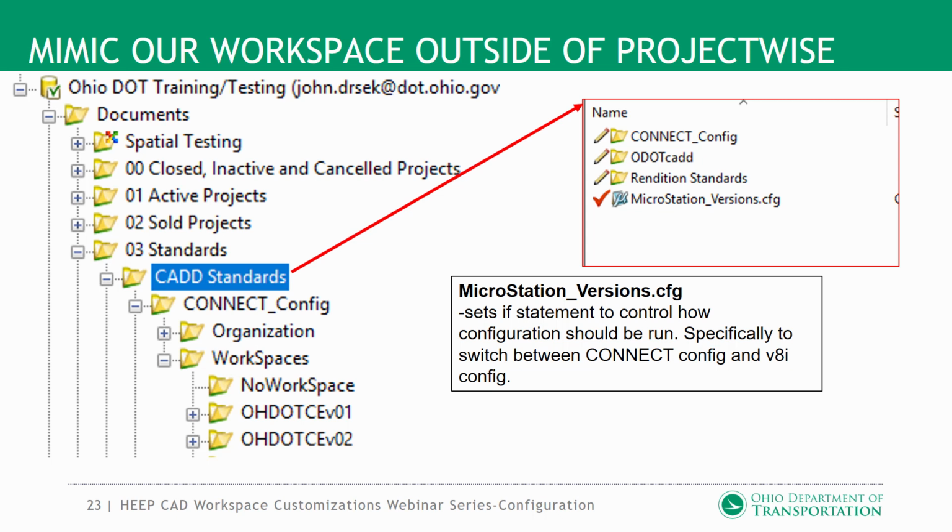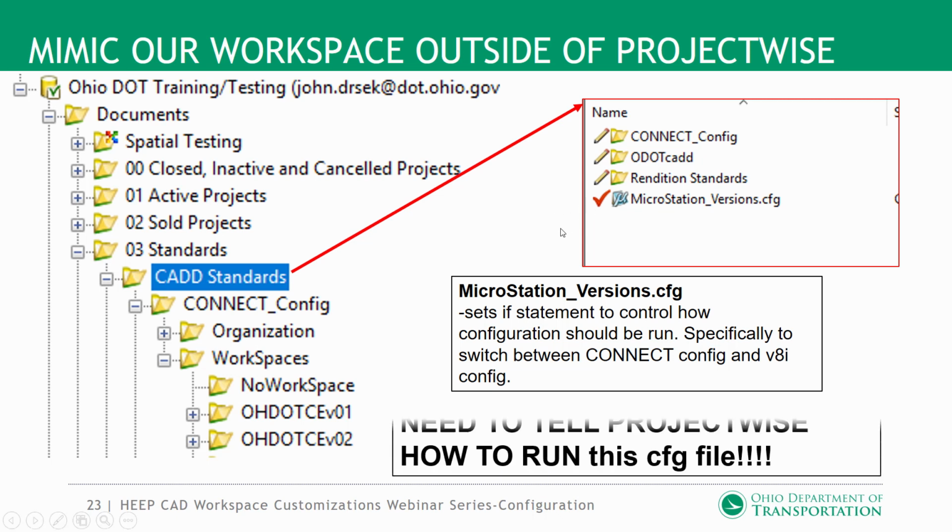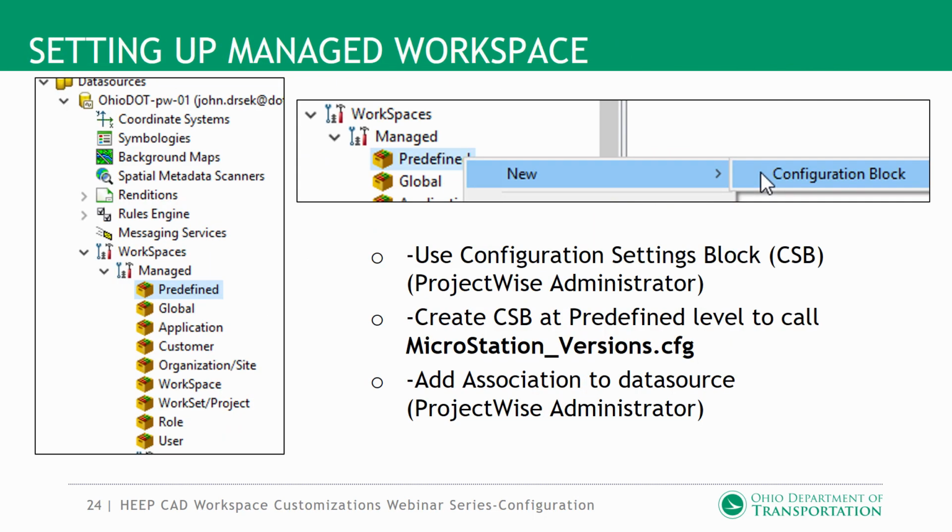But inside Projectwise, putting the file there is just putting a file there. In terms of a managed workspace, we still need to tell Projectwise how to run this config file as part of our managed workspace. That can be done over in Projectwise Administrator by setting up a configuration setting block. In Administrator, we're going to create a predefined configuration block.